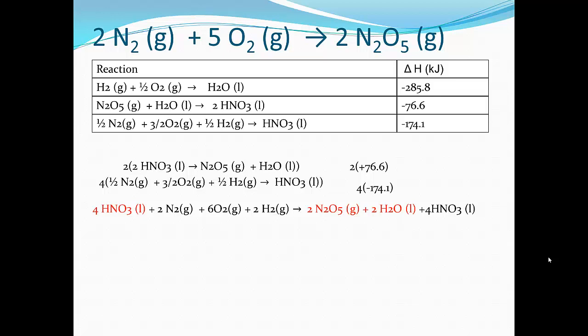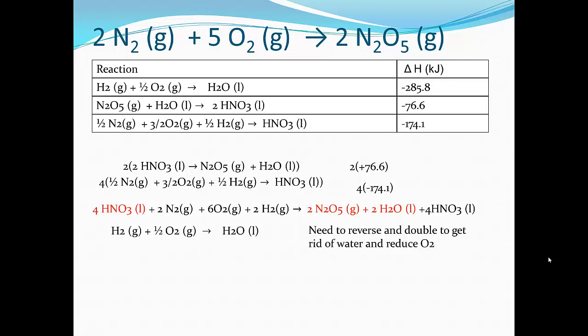In that reaction, oxygen is on the reactant side, and I want to cancel out some of the 6 moles of oxygen that I have. So I'm going to flip the reaction around so that I have the oxygen and the hydrogen on the product side so I can cancel them out. I also need to change the number of them; I need to make double what I have.